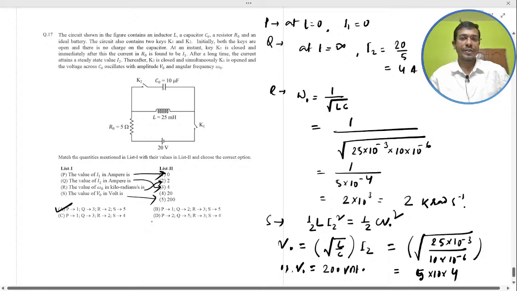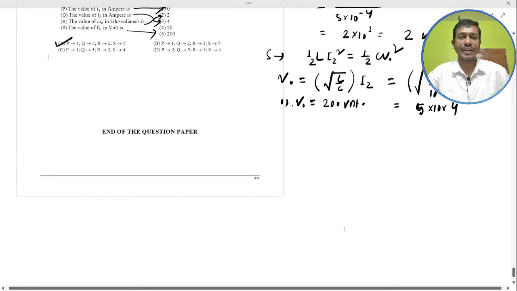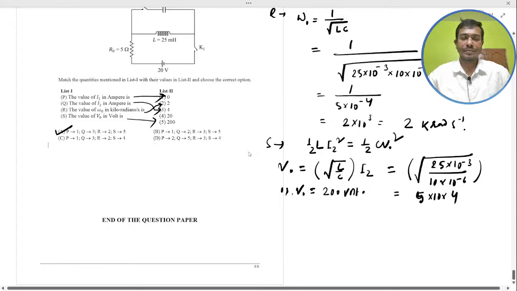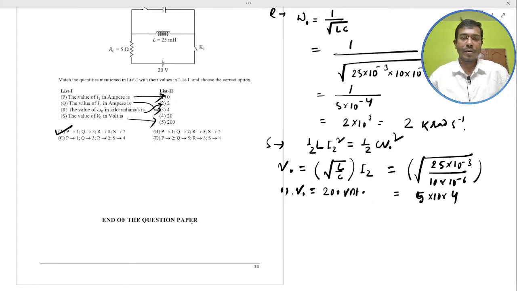Option A is correct: P1, Q3, R2, S5. So our Paper 1 is complete. End of the question paper. Paper 1 is complete for physics and mathematics. Now go ahead.